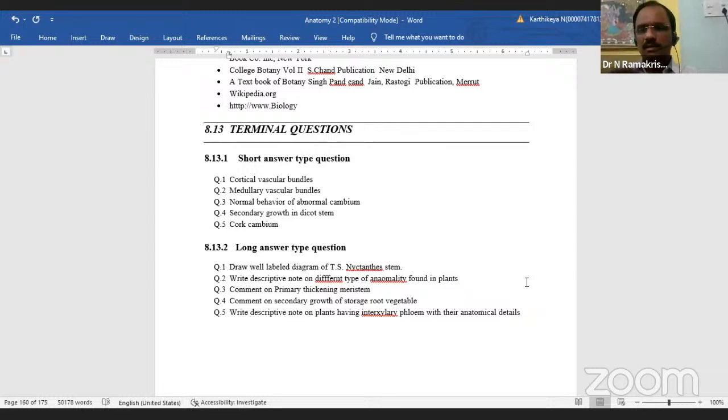In the M.Sc. question papers, the comparative study is most important. Comparative study means almost all the questions cover the entire lessons, entire units. For example, see the brief account of fossil history, Indian gymnosperms.